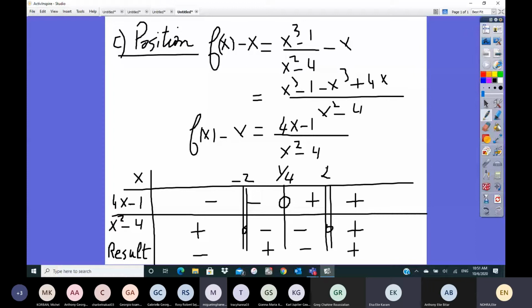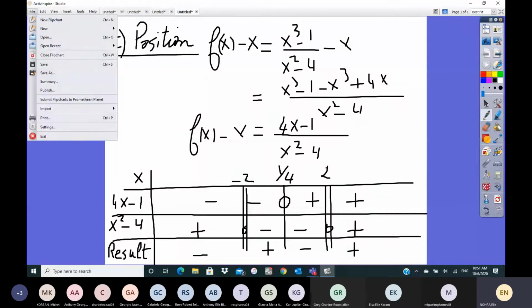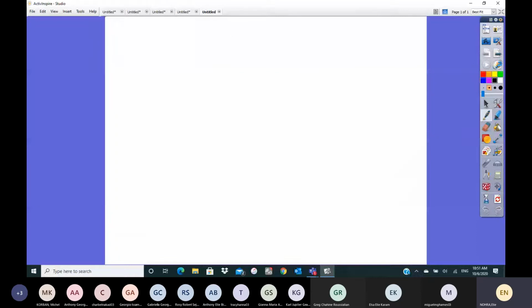minus, plus, minus, plus. On the table or on a new page, you set the position.